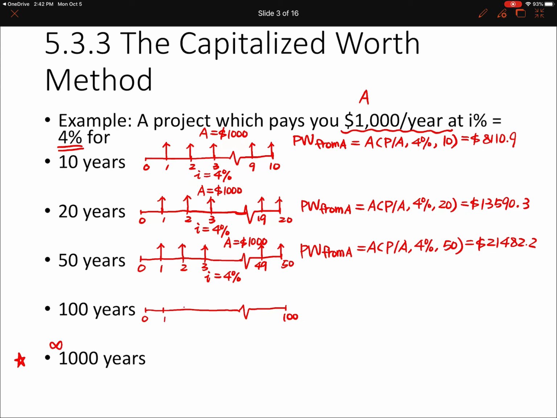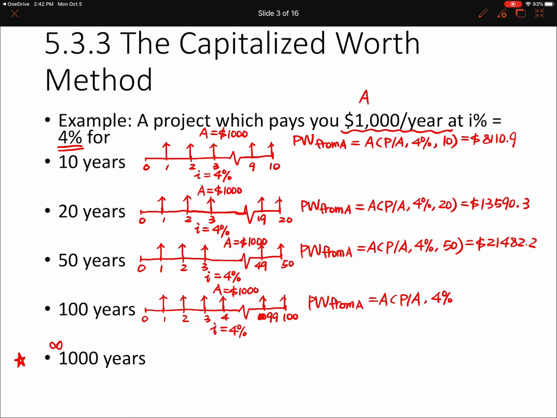Okay, now let's say we have 100 years. Wait a minute, it's 99. So every year you still have these annuities, and your I is 4%.